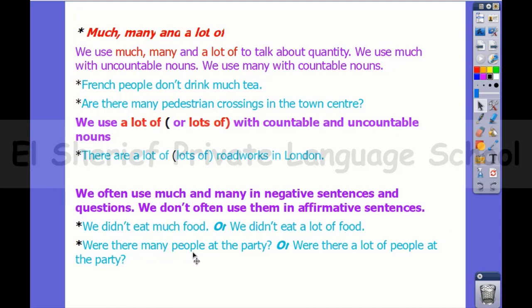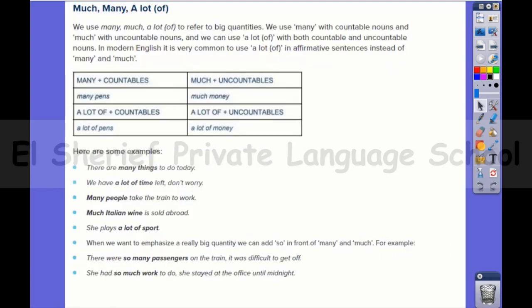Were there many people at the party, or were there a lot of people at the party? Okay, so we don't often use much and many in affirmative sentences, and we can use a lot of instead. I can say that there is a lot of money here. There are a lot of books here.